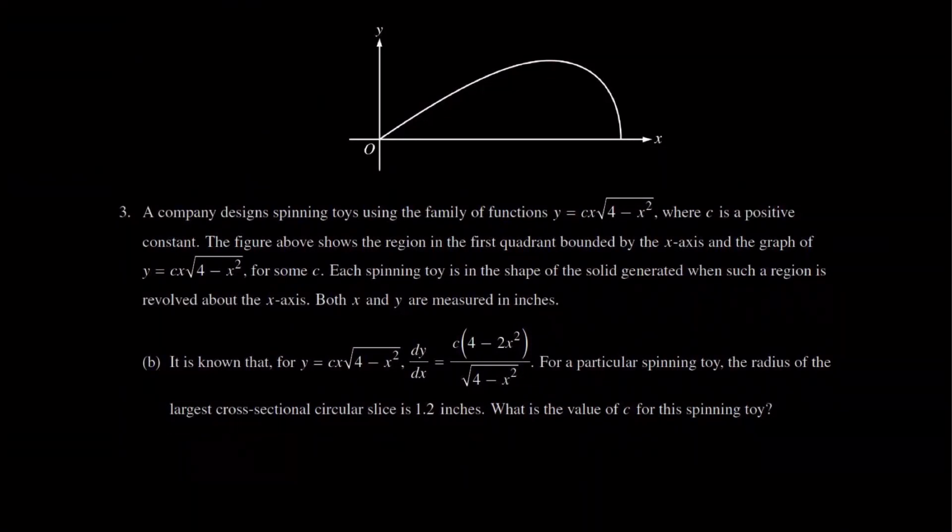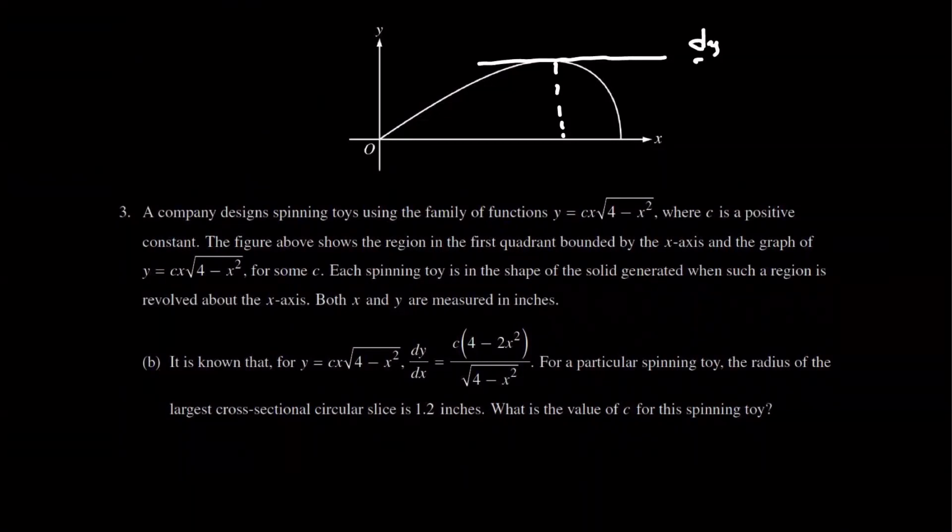We need to find the value of c for this spinning toy. First note that on this graph, this is approximately where the largest cross-sectional circular slice is, and the derivative of the function has to be 0.